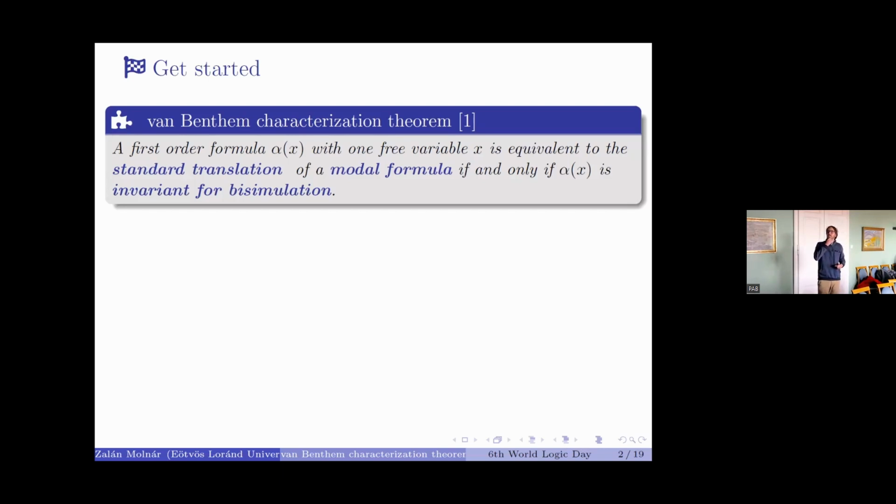This theorem was proved in van Benthem's dissertation in 1976, although this formulation is not the original version, but this formulation became the well-known and the popular one.